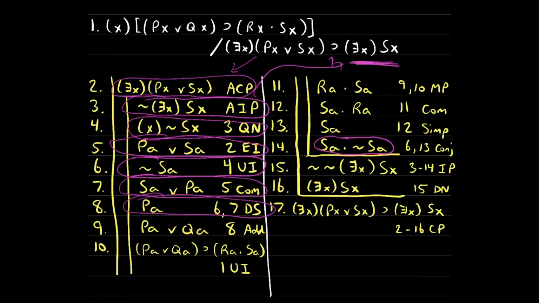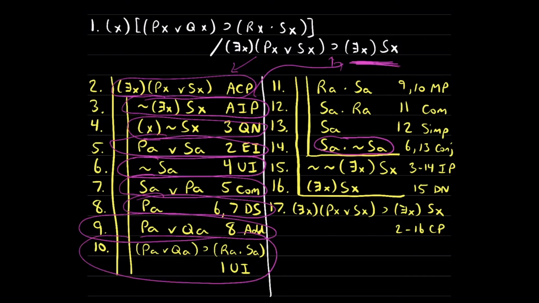The next step that I did, I actually used addition on line 8 to give me Pa or Qa. I'll circle it here so you can see what I did. I did that so when I instantiate line 1 using the lowercase letter a, which I'll circle right now, that will give me the antecedent of the conditional that I end up with. Pa or Qa implies Ra and Sa. That's just an instantiation of line 1.